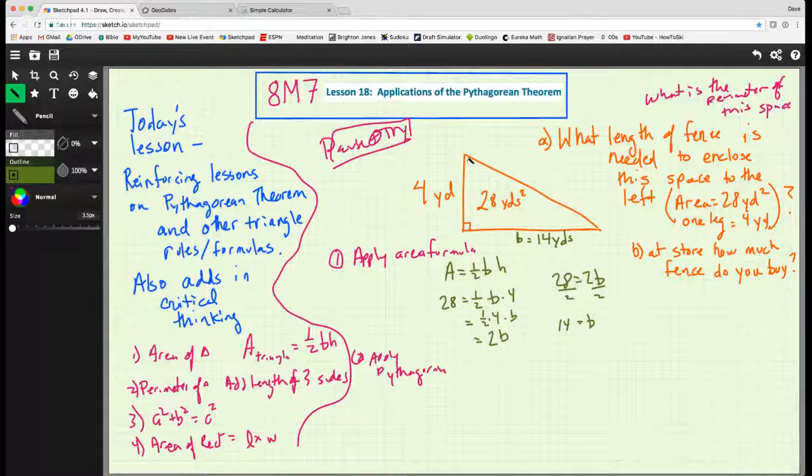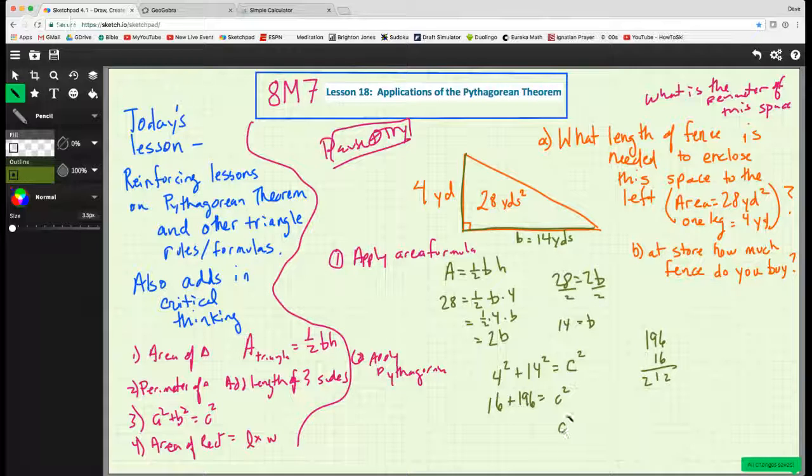Now we have 2 sides, so we know that we need at least 18 yards of fence, but how long is this last side? Let's apply the Pythagorean theorem: 4 squared plus 14 squared equals c squared. 14 squared is equal to 196. So we get 16 plus 196 equals c squared, which is 212.